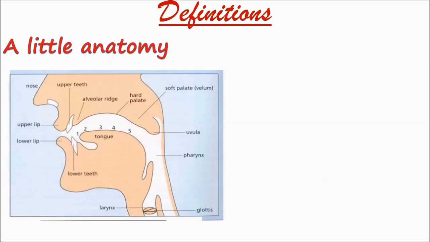And in this one, what's particularly relevant for us, as in you British people learning French and me French teacher in Britain, I think is this part here, the soft palate or velum. And this is important because it helps us create the nasal vowel sounds. And that's a type of sound that you do not have in English, and that therefore a lot of British people struggle to produce.